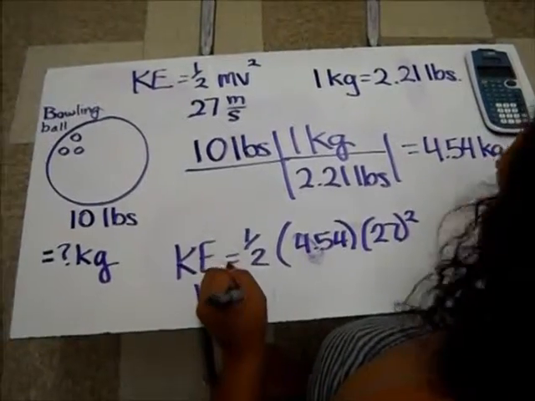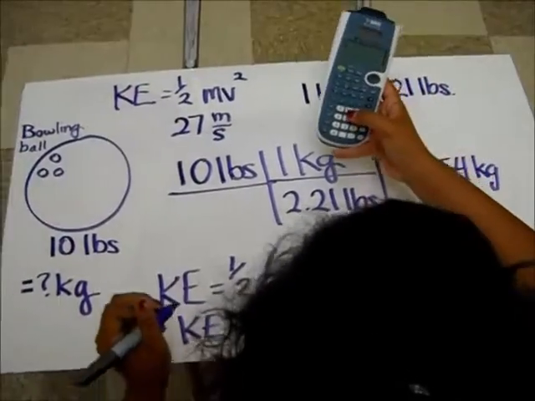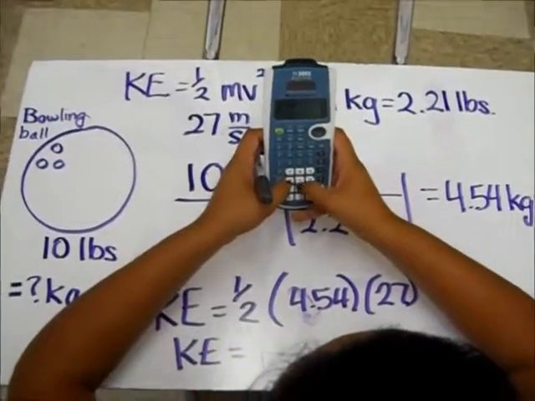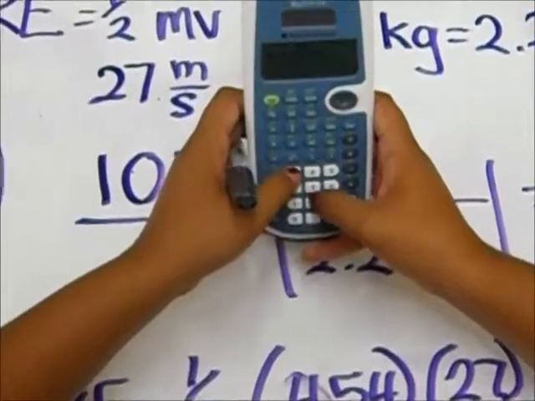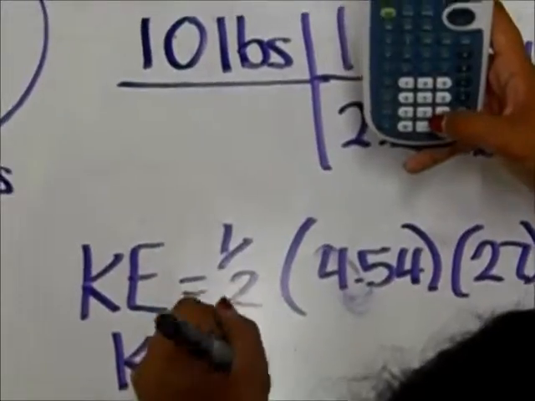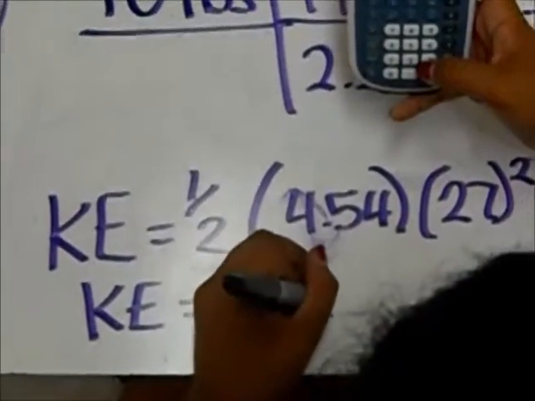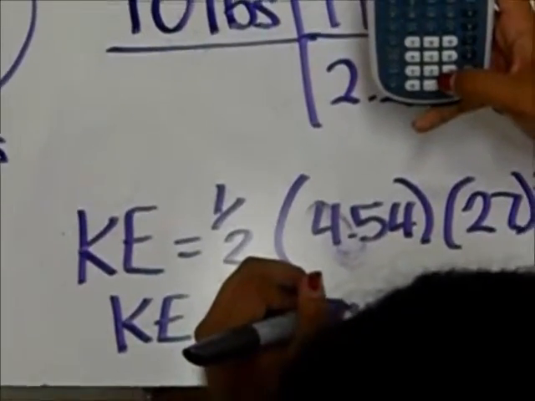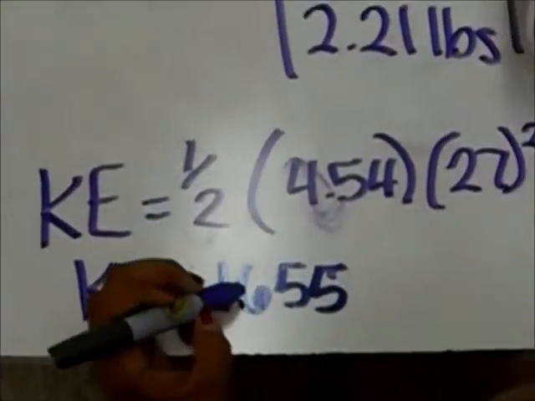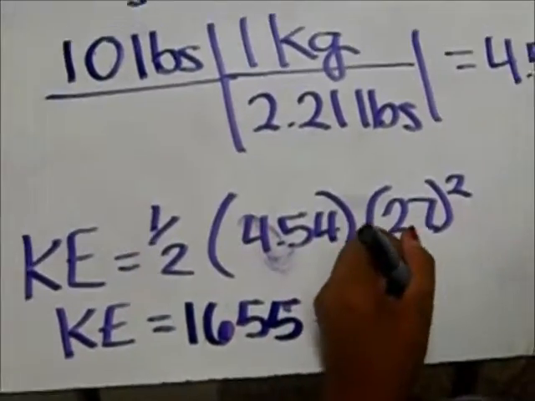Kinetic energy will equal, well not around, it will be precisely 1/2 times 4.54 times 27 squared, which will equal 165,655. But you only want 2 sig figs, so it will equal 1600.